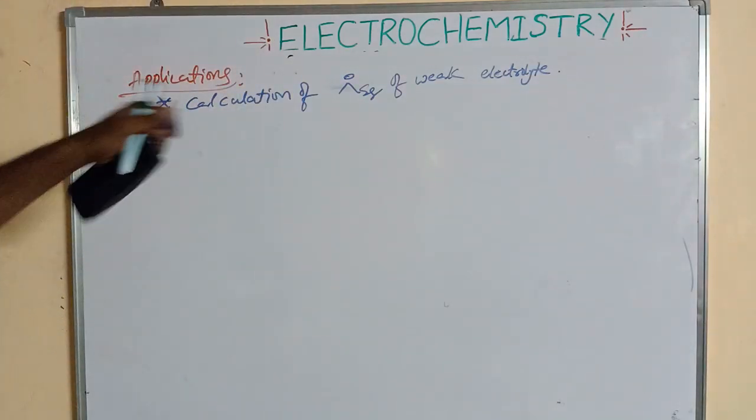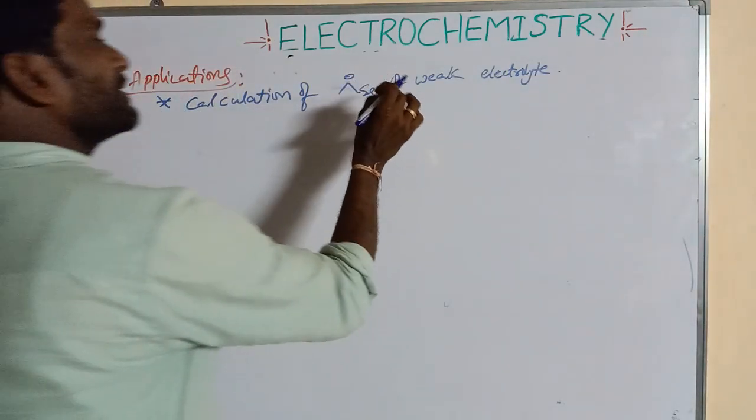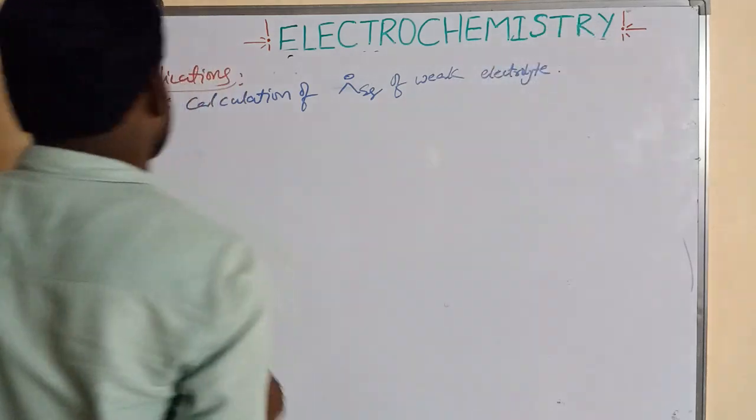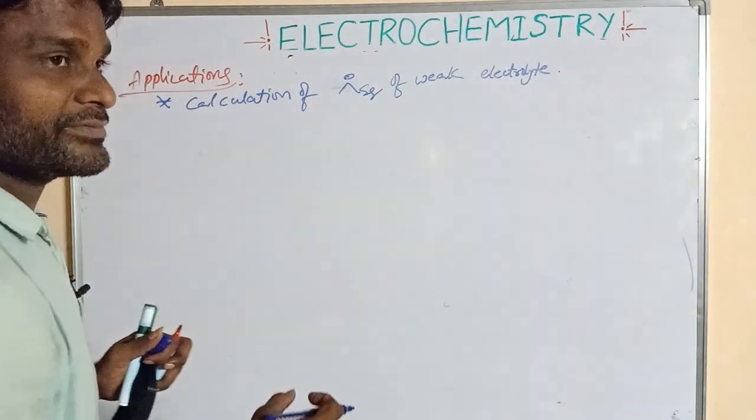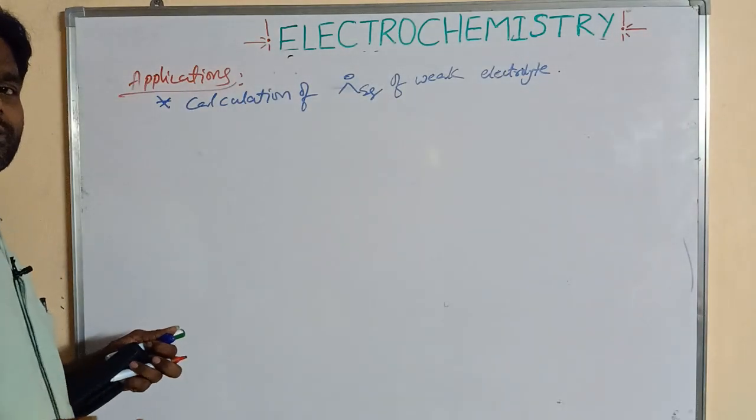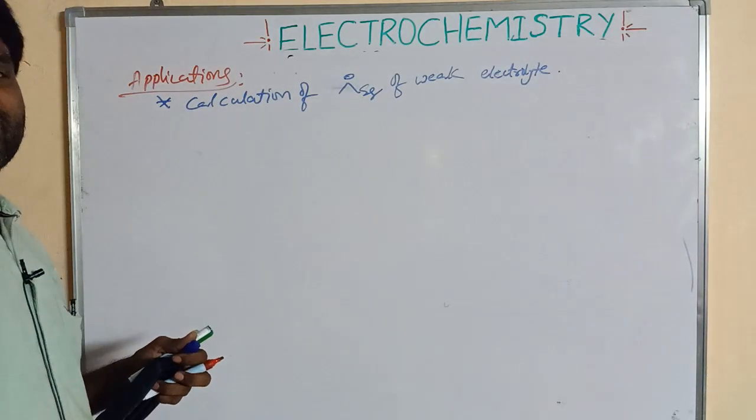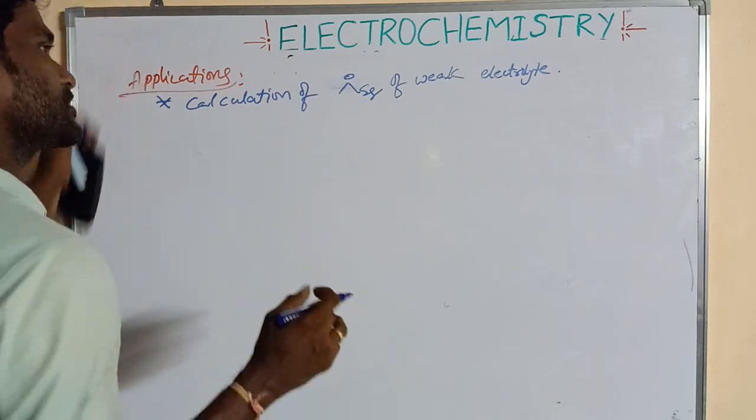Calculation of equivalent conductance of a weak electrolyte. Now suppose we take a weak electrolyte like a weak acid, acetic acid. Weak electrolytes are weak acids, right? Strong electrolytes are strong acids, strong bases, strong salts.